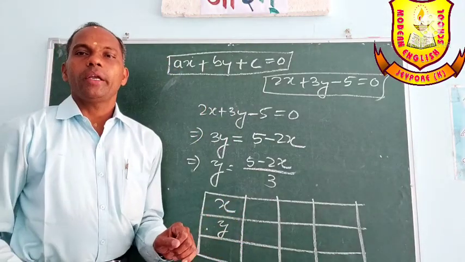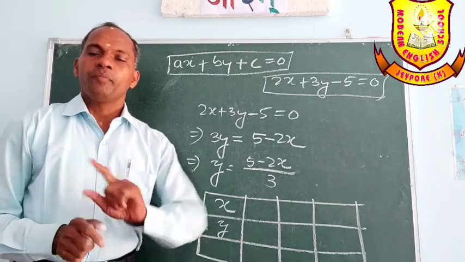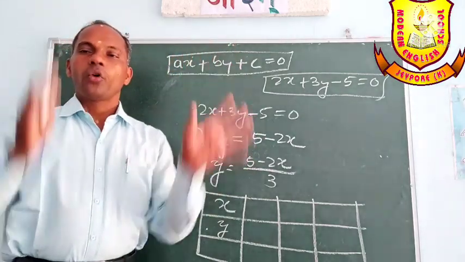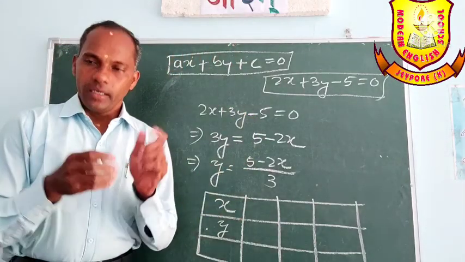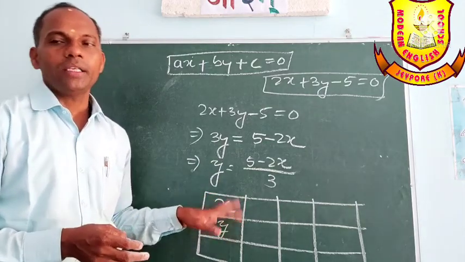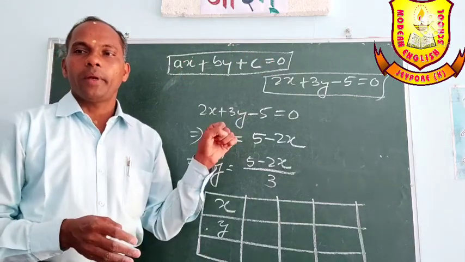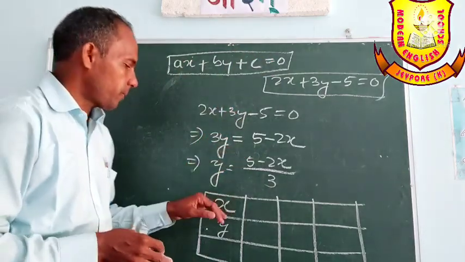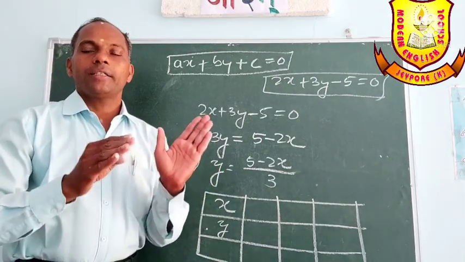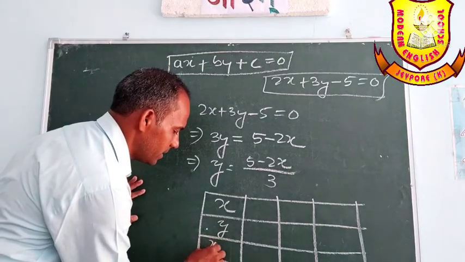We knew from coordinate geometry that a point represented in the coordinate plane is written as x, y. x is the abscissa and y is the ordinate. In the same way, whenever we show it in a graph, we have to find x and y and plot them in a coordinate plane as usual. So this is x, y.